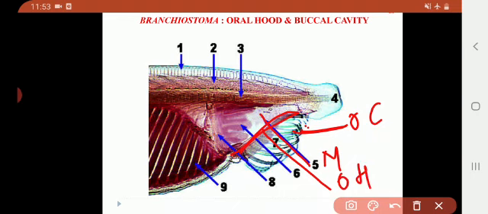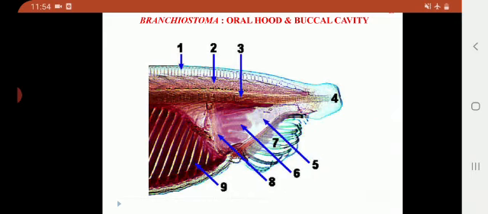Now what are these structures? You can see the folds, isn't it? These structures and folds are what is referred to as the wheel organ. And this part, marked as 8, is the velum. Clear? Okay, we'll see once again.